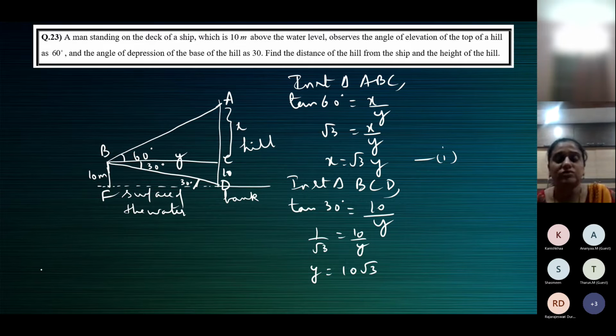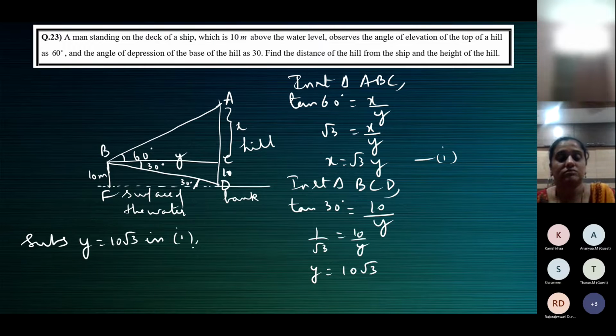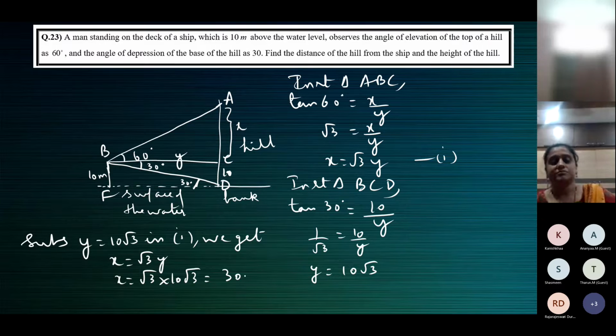If you substitute, the distance of the hill from the ship is y.